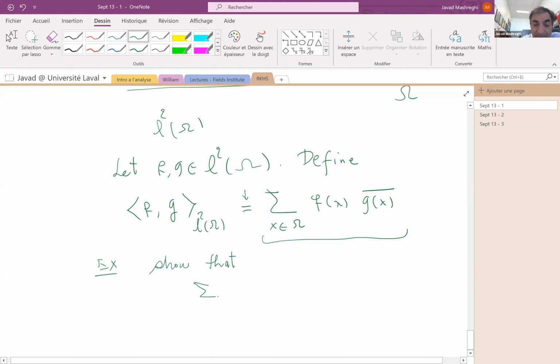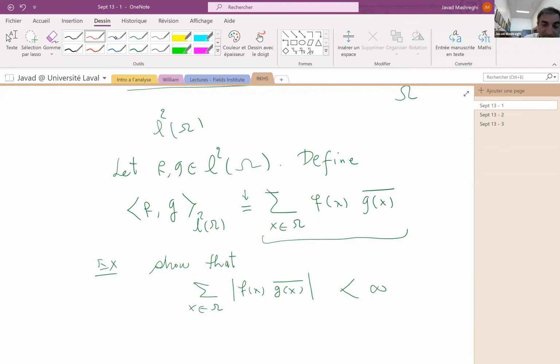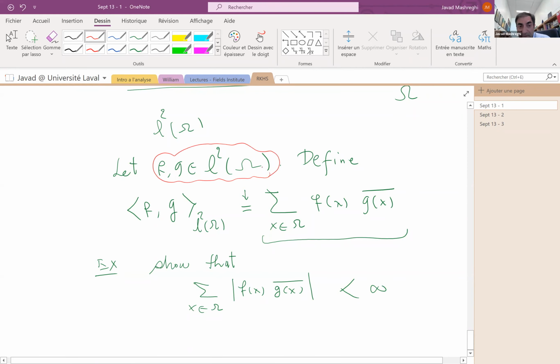The second exercise, to show that this definition is a good definition: show that the sum with absolute value is finite. Of course, with this assumption, do not forget our assumption. With this assumption, the sum of the positive objects, I mean, you put absolute value, is finite. And when this is the case, the ordering is not important and the summation is well defined.